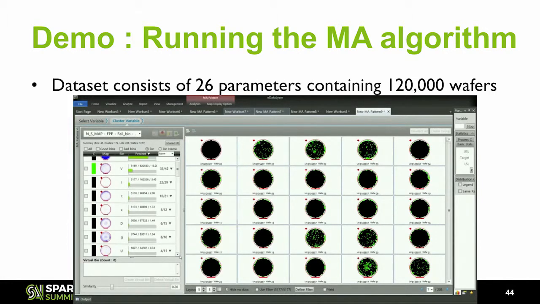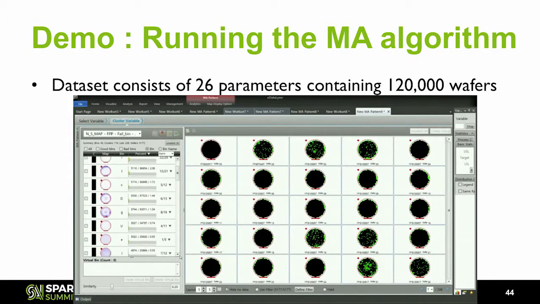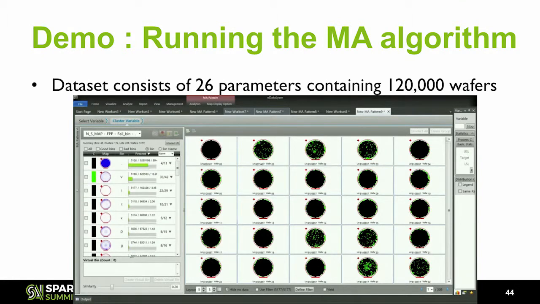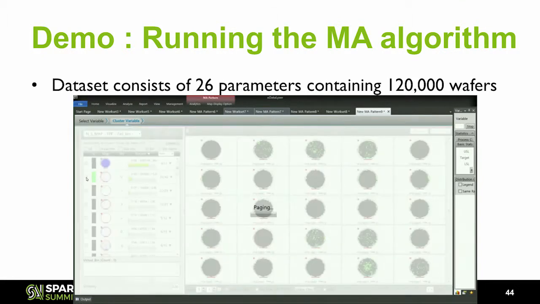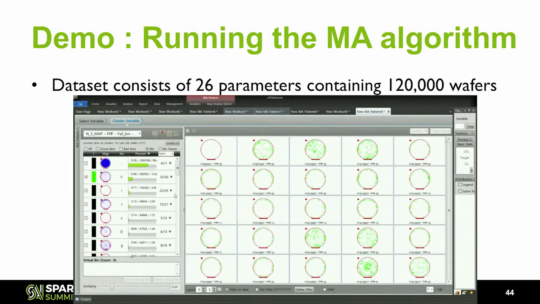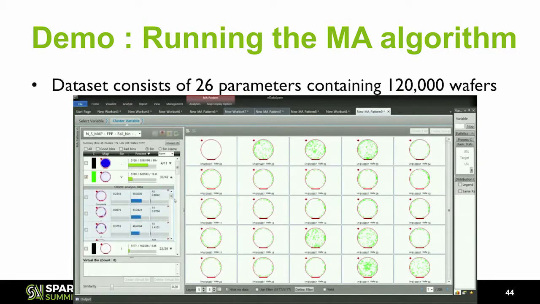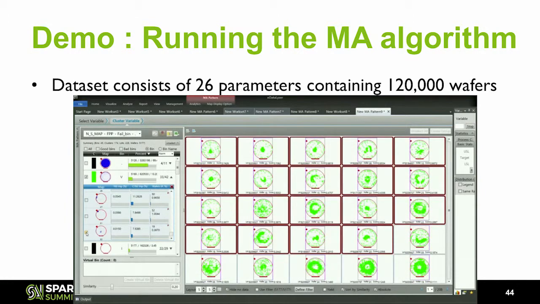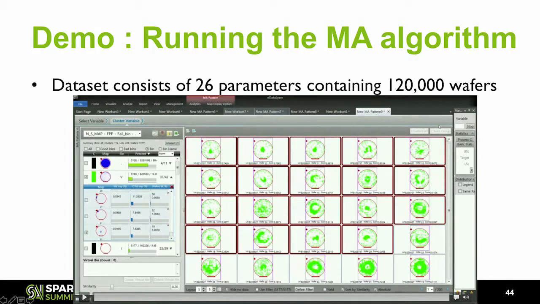We can see various clustering results according to the parameters. When we click the clustering result, we can see the original wafer map data that is used for obtaining the clustering pattern. So there are maybe about 20 wafers that are used to generate the cluster.